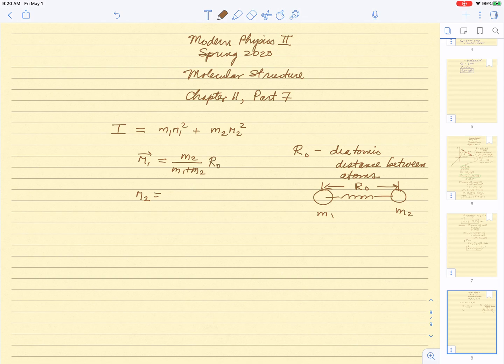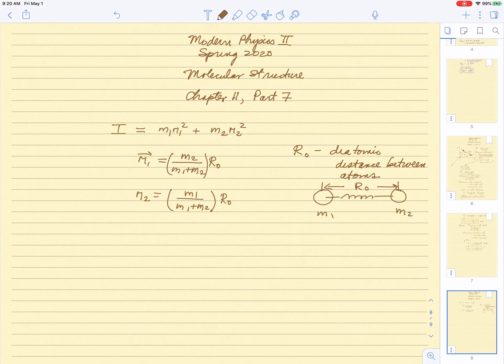Okay. And R2 is going to be M1 over M1 plus M2 times R0, okay?